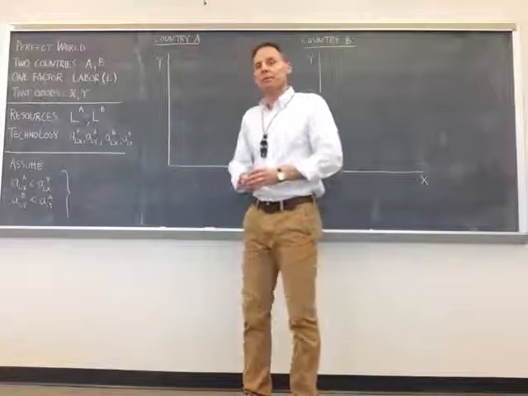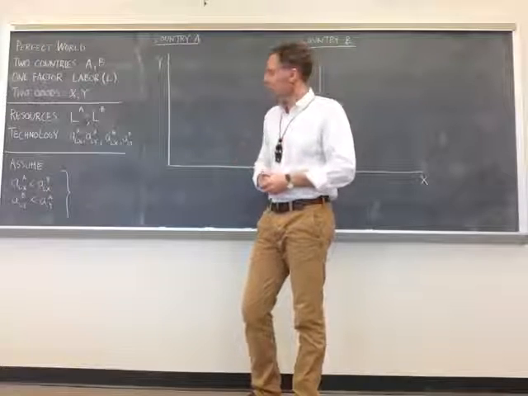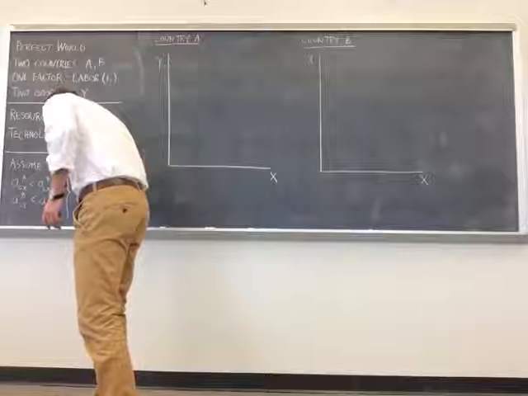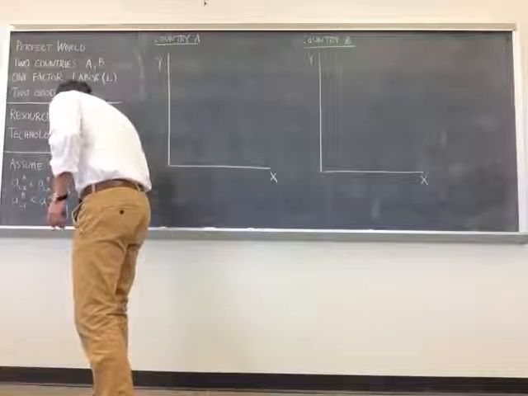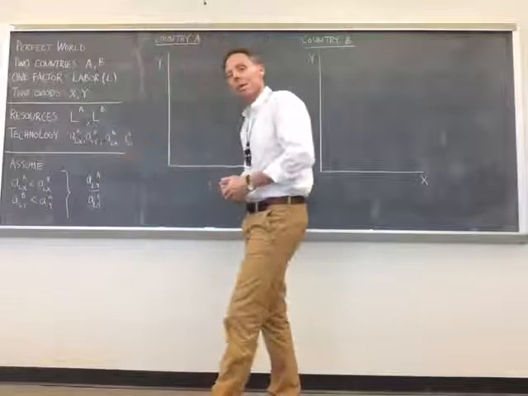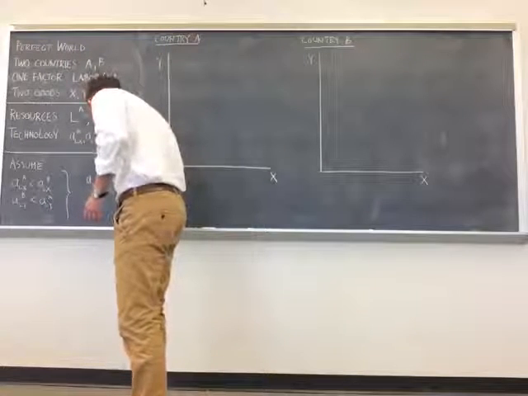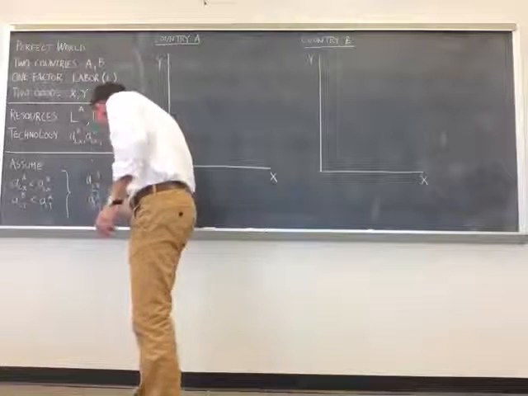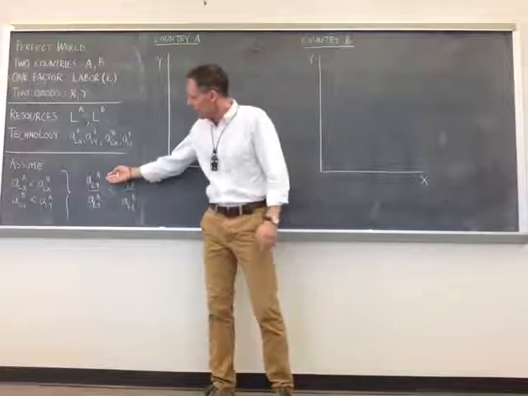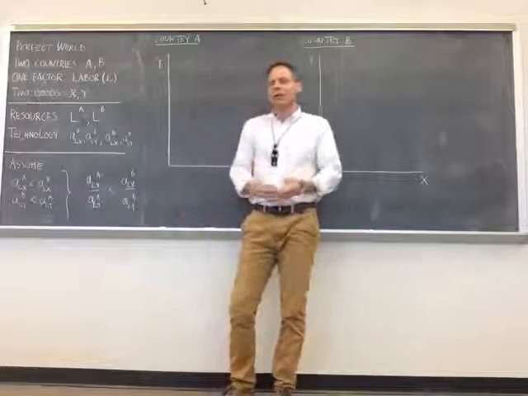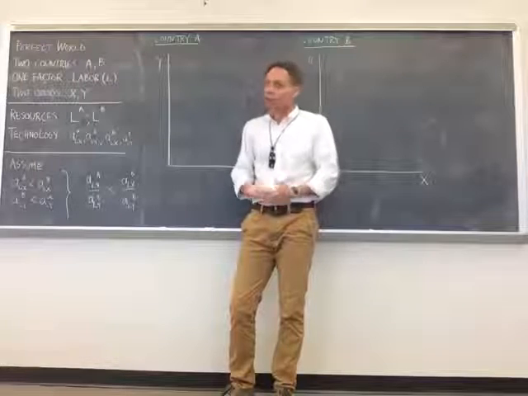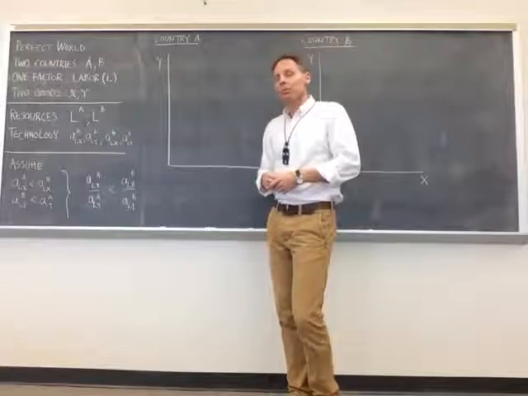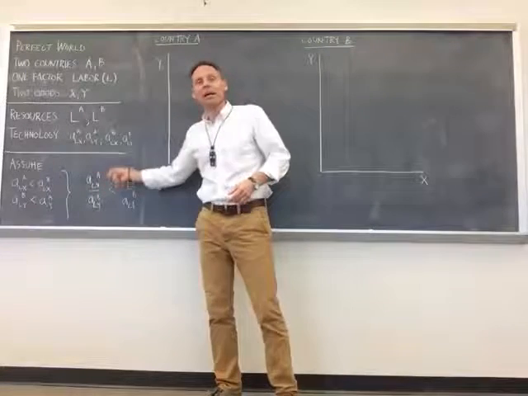We can manipulate these unit labor requirements slightly, so we can have that the ratio of the unit labor requirements in country A, where you put X on top and Y at the bottom, is less than the same ratio in country B. Since this ratio of ALX to ALY gives us the opportunity cost of good X in terms of good Y, that is, how many units of good Y do you have to give up to produce 1 unit of good X in country A?